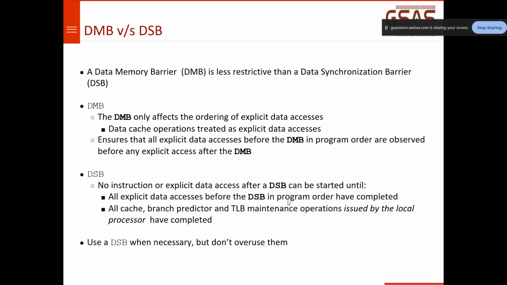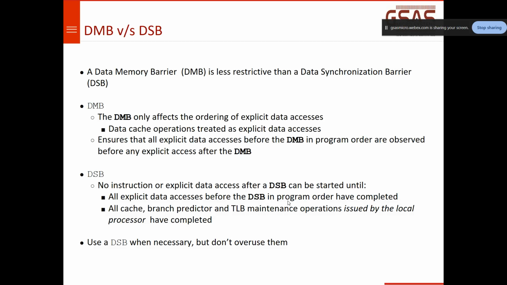Coming to data memory barrier versus data synchronization barrier. Both are for data memory only, but there are some differences between DMB and DSB. DMB is much less restrictive than DSB. So what will DMB do?